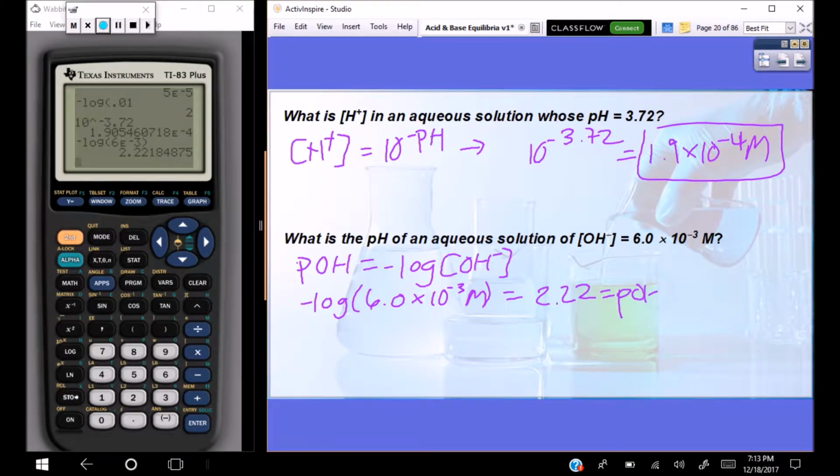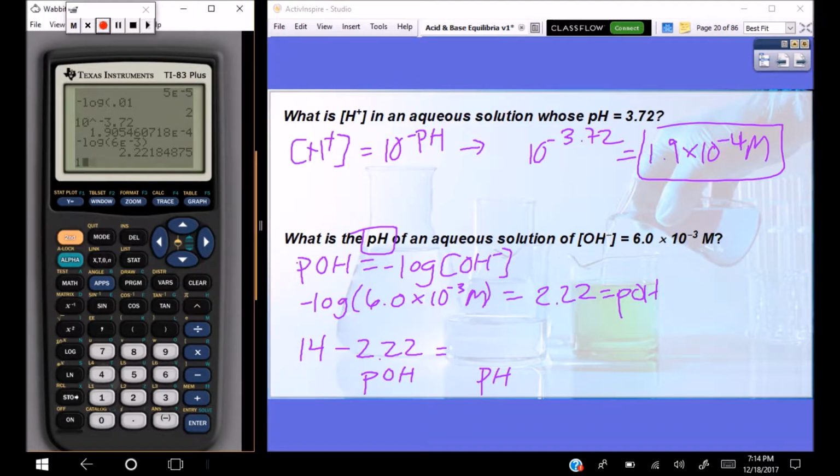So we have to be careful, we're not quite done yet. What do we need to find? We need to find pH. So remember, pH plus pOH is equal to 14. So 14 minus pOH will give you my pH. 14 minus 2.22.